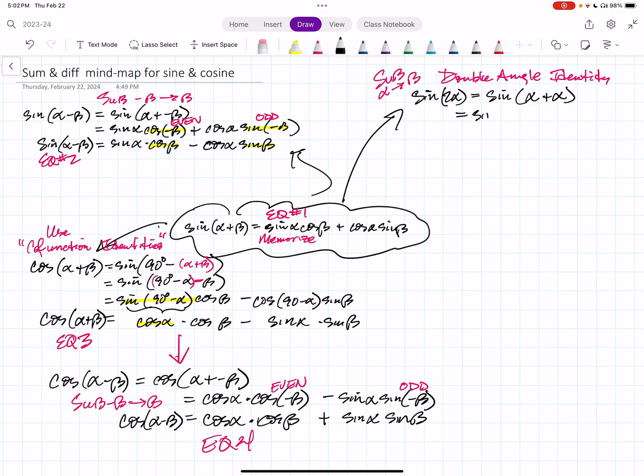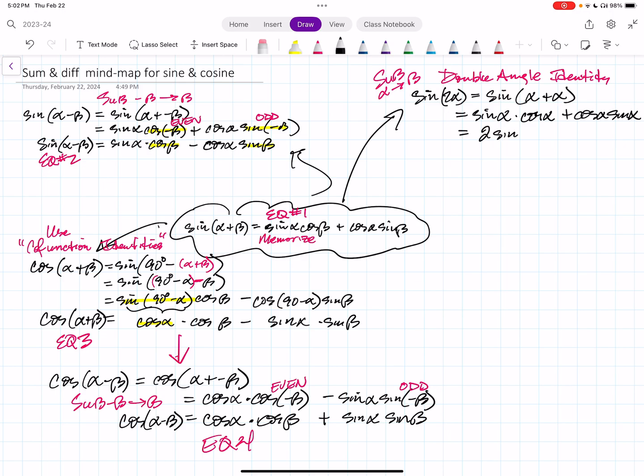So what do I have? Now look at equation number 1 in the middle of the screen. Everywhere I see beta, I'm going to substitute an alpha. So I get the sine of alpha times cosine of alpha, plus cosine of alpha times sine of alpha, because I put an alpha in for the beta. And notice, these are the same terms, guys. I've got 2 of them.